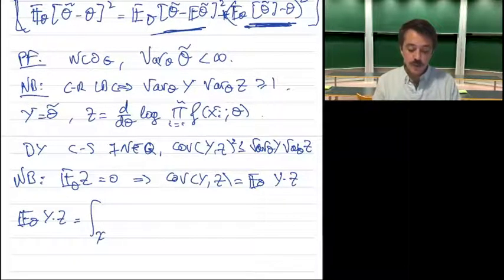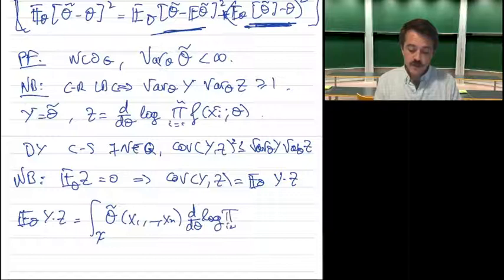So this is going to be the integral of theta tilde, for x1 to xn, times the derivative with respect to theta of the log of the product of the densities of the x_j given theta, and this is times, of course, the same product.